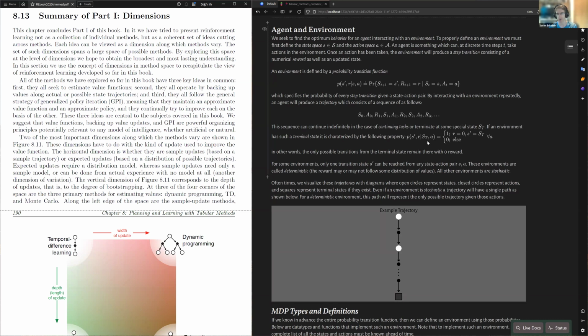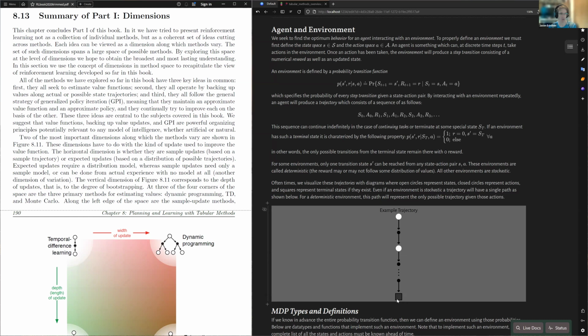In this first section, we pretty much only deal with episodic problems, where there's some starting state and then a trajectory through the environment that ends at some terminal state. Here is a little cartoon of what the book refers to as backup diagrams, where the white circles are states, the black circles are actions, and rewards would be obtained somewhere along this arrow, on the way to the next state.